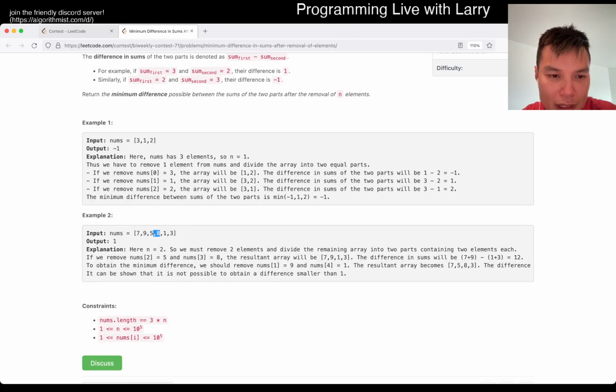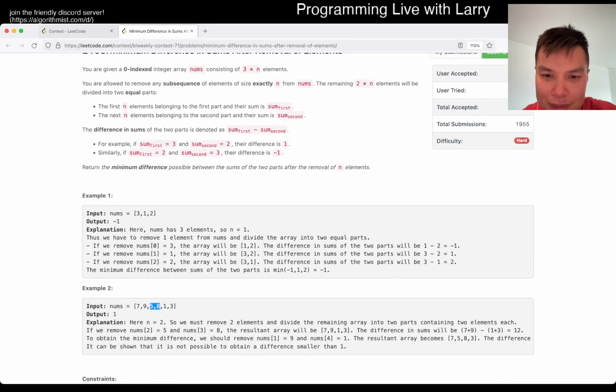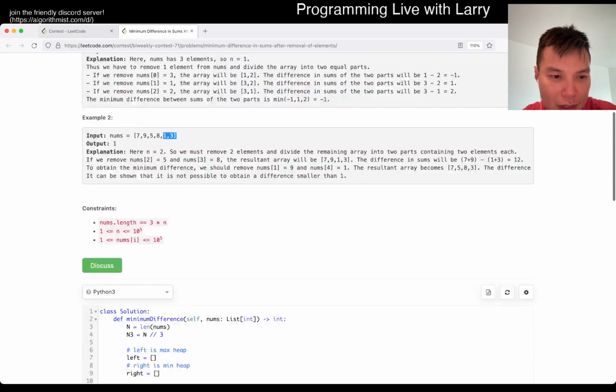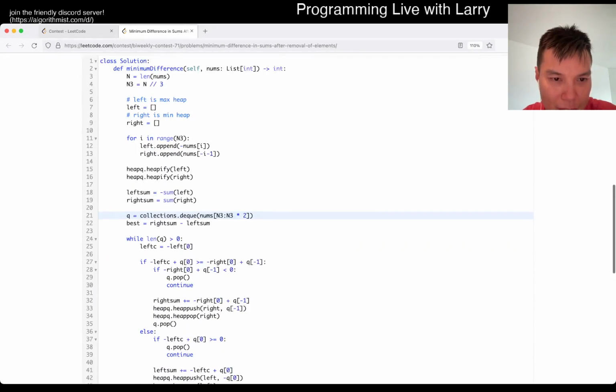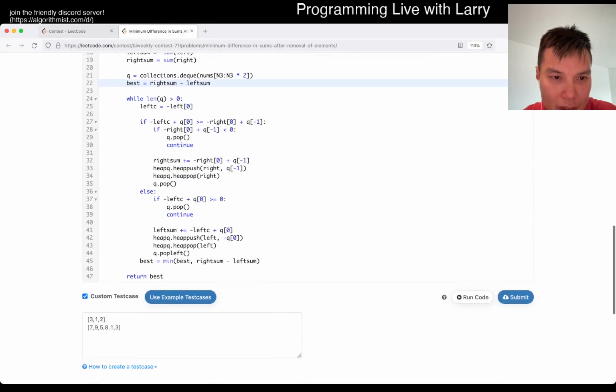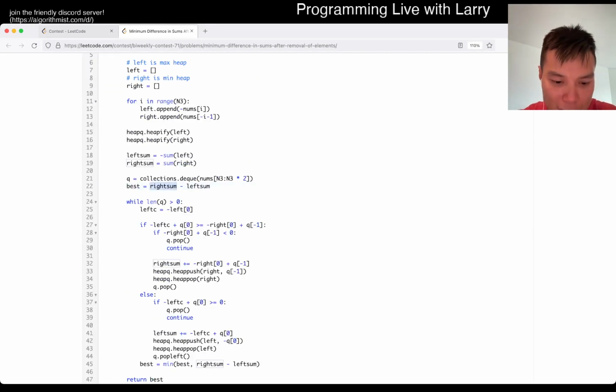So yeah, in this case, you remove these two. Wait, what? Oh, it's first minus the second. Yeah, okay. So you remove these two, and did I just have my math wrong somewhere? Okay, I guess so. Oh, I have my signs wrong.